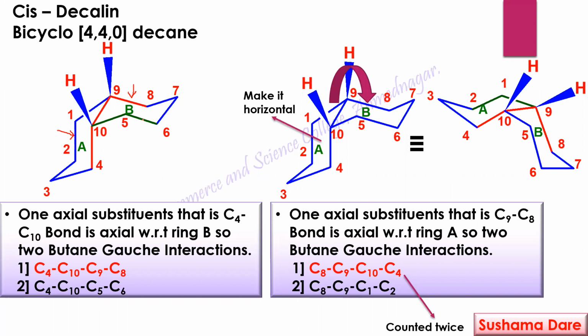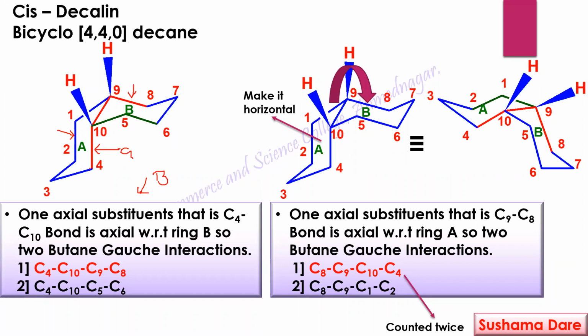With respect to ring B, first of all, we are going to calculate the number of butane-gauche interactions. The energy calculations shown here are with respect to ring B. With respect to ring B, this C4-C10 bond is axial.